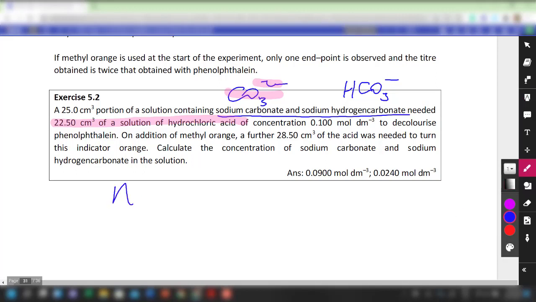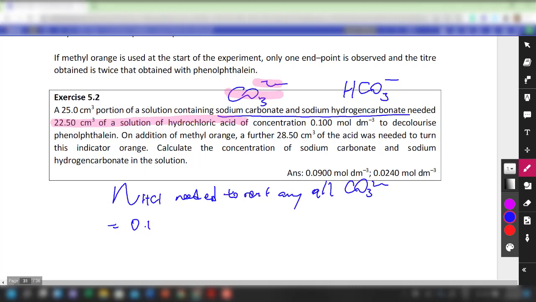So number of moles of HCl needed to react away all carbonates will be equal to 0.0225 multiplied by 0.100.